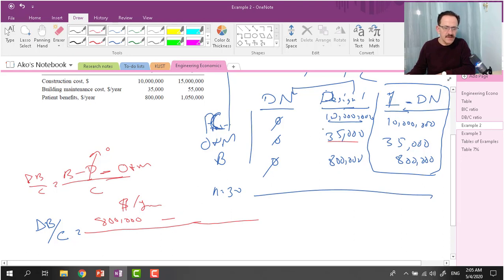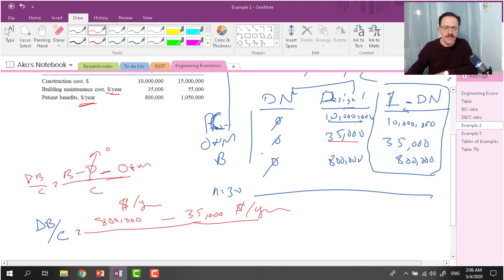Benefit here is $800,000 per year. So $800,000 minus the operation cost, which is $35,000 per year, divided by the cost.